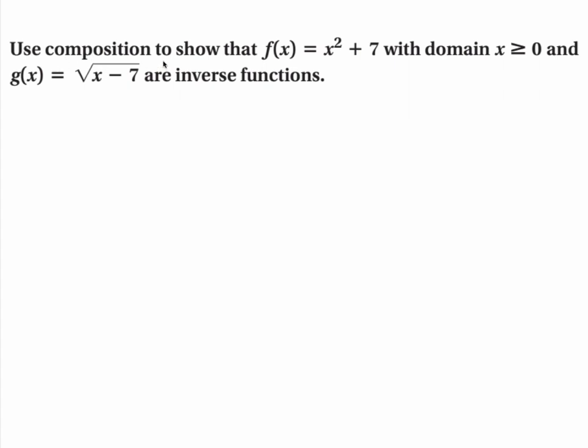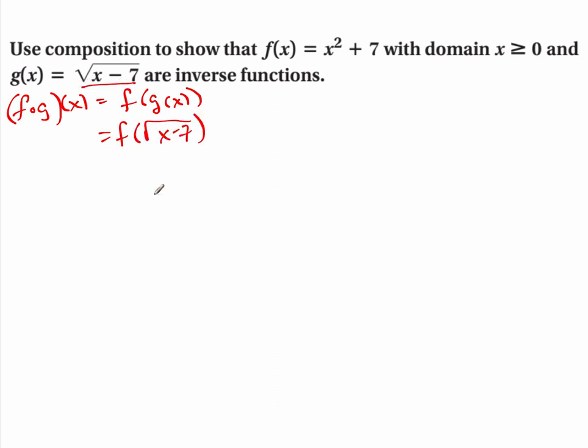Now, let's remember compositions. Let's use compositions to show that x squared plus 7 is an inverse of the square root of x minus 7. So we're going to do f of g of x, which is f evaluated at g of x, which is f evaluated at the square root of x minus 7.